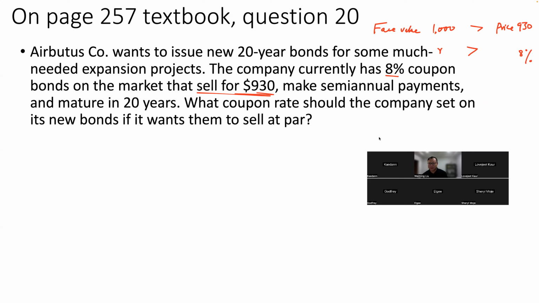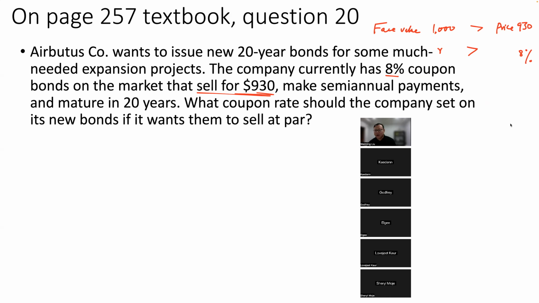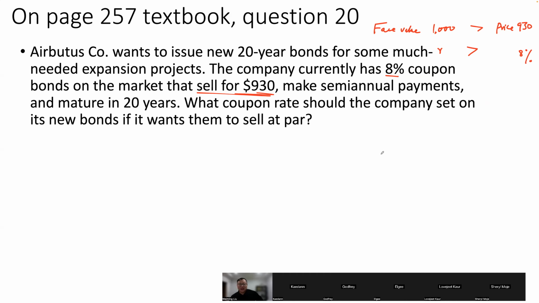Good. Okay, so now the question is, if it's not 8%, what coupon rate should the company set on its new bond if it wants them to sell at par? Well, we just learned that the condition to sell a bond at par is that your coupon rate equals the market rate.